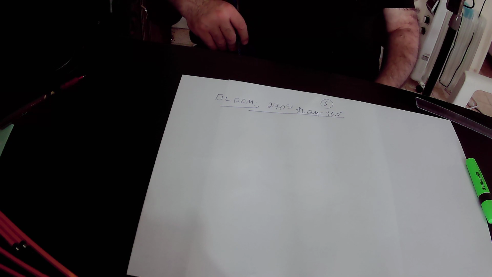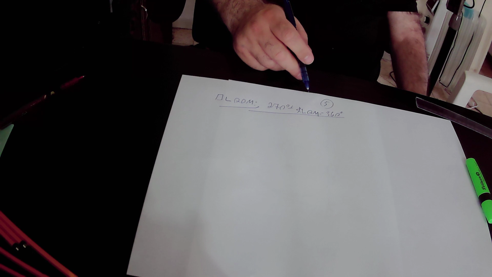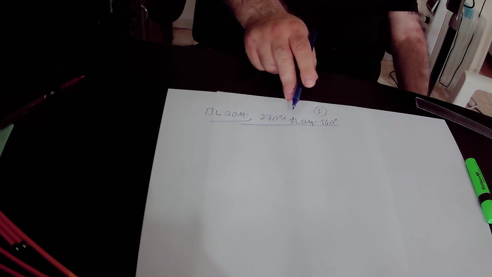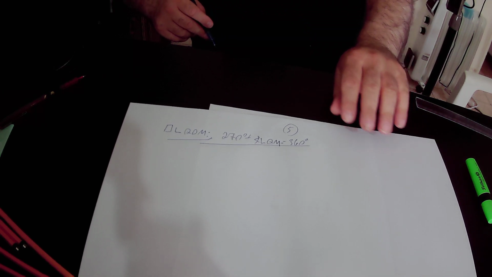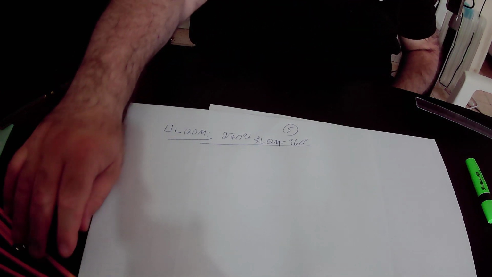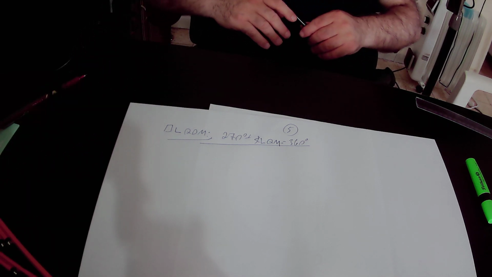270 degrees, that is the sum of the three right angles inside quadrilateral LQDM, plus the size of the fourth angle, angle LQM. In total, they must be equal to 360 degrees, according to the rule that the sum of the angles in any quadrilateral is equal to 360 degrees.